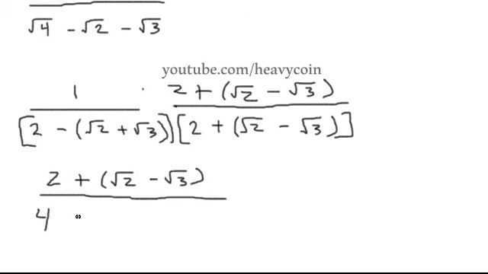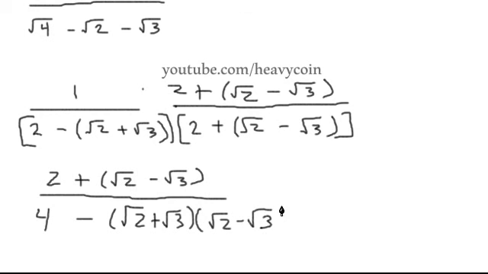We'd be left with 4 minus the square root of 2 plus the square root of 3 times the square root of 2 minus the square root of 3. As you can see, this was the reason we started with a plus sign here, and that was the reason I put a minus right here.